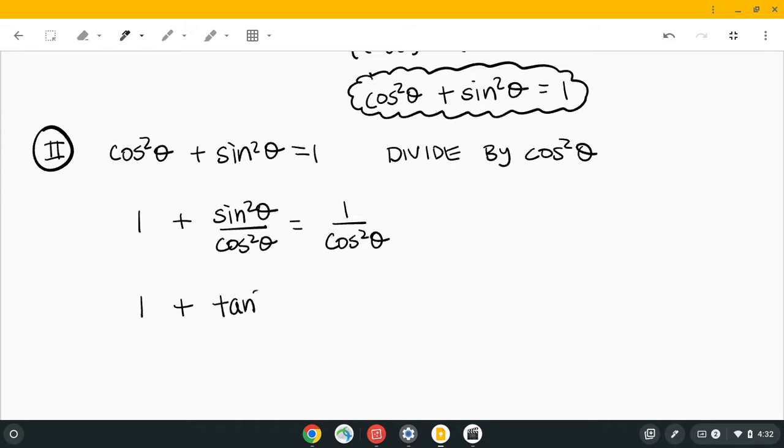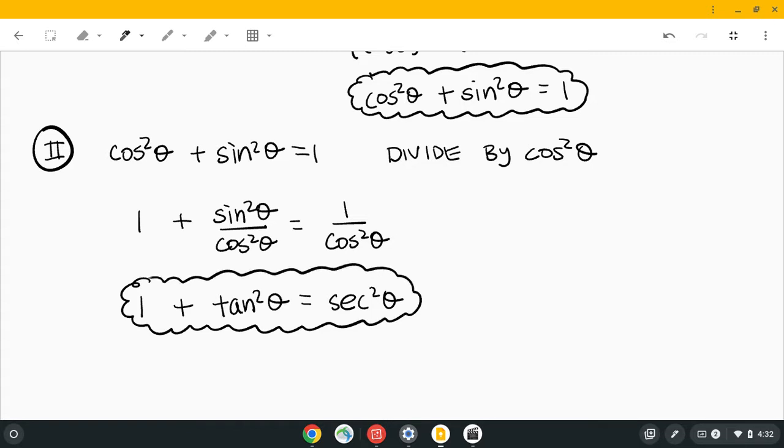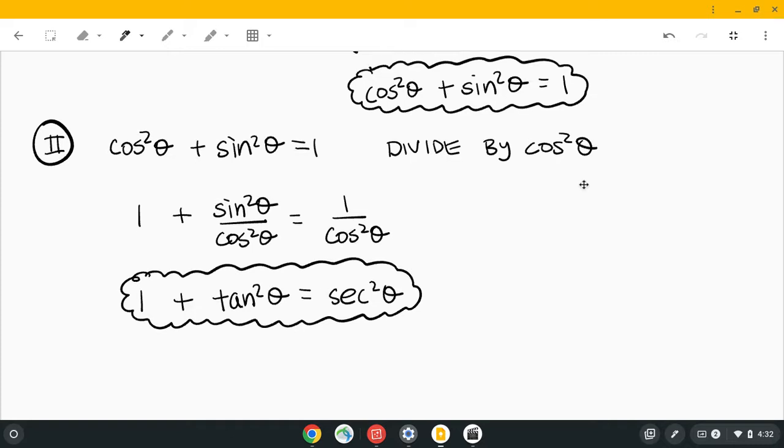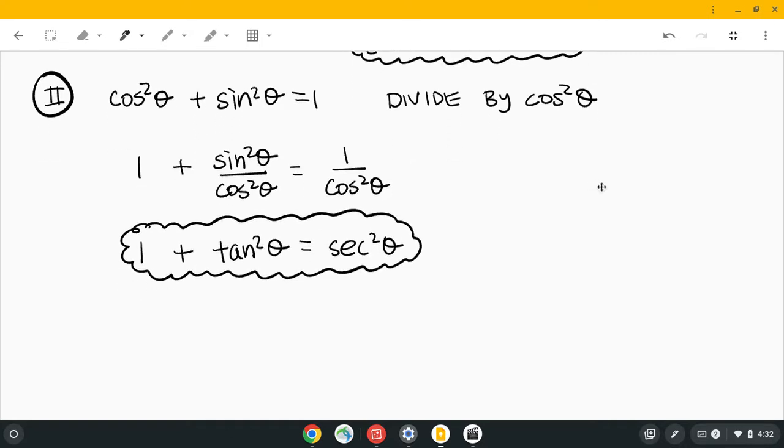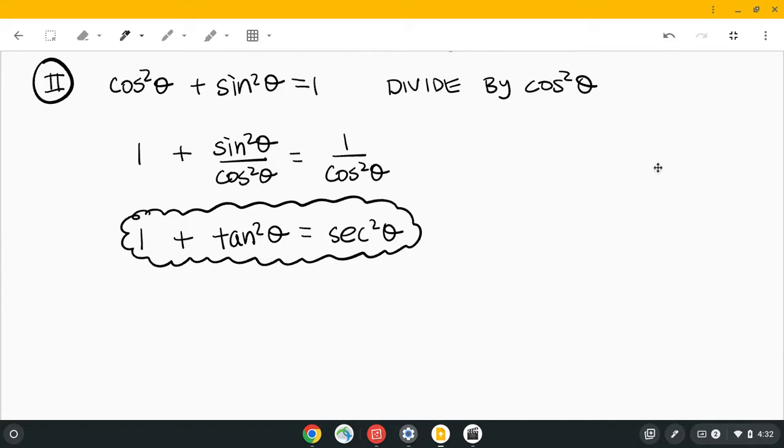So here we get tangent squared. And we know 1 over cosine, the reciprocal of cosine, is secant. So here is your second Pythagorean identity. And it comes from taking the first one and dividing it by cosine squared. Pretty cool, huh?